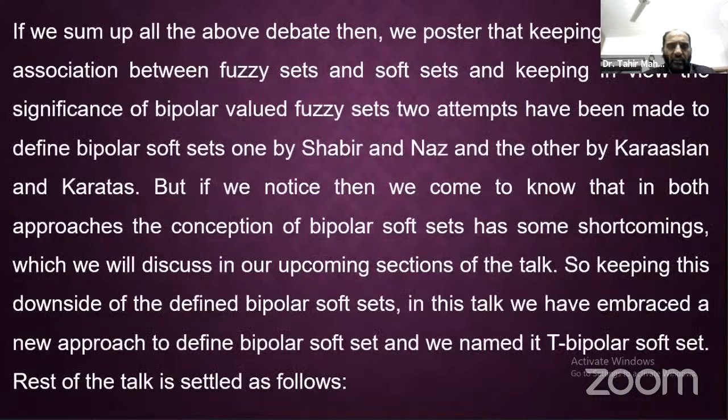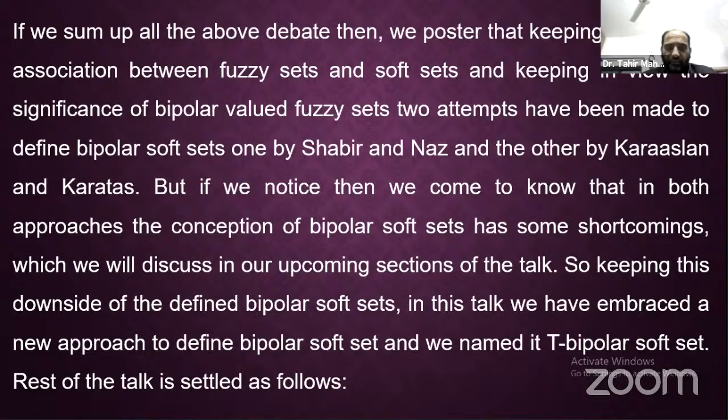If we sum up all the above debate, then we posit that keeping in view the association between fuzzy sets and soft sets, and keeping in view the significance of bipolar valued fuzzy sets, two attempts have been made to define bipolar soft sets, one by Shabir and Naz and the other by Karaaslan and Karatas.